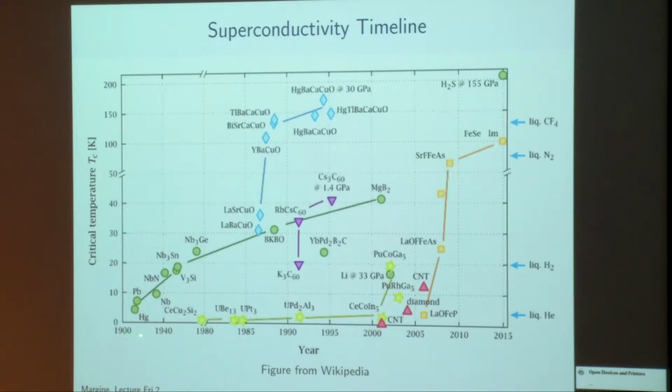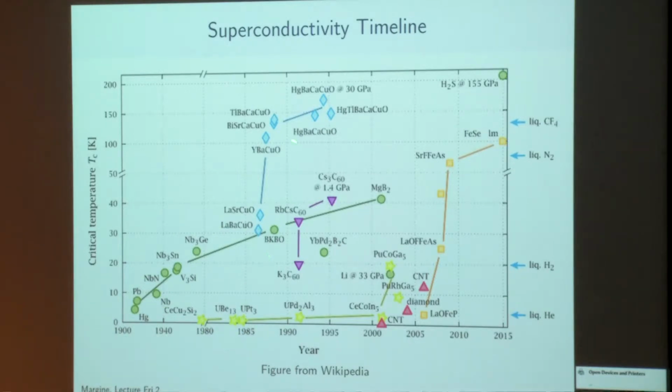As you can see here, until the 80s, the highest critical temperature that was known was around 20 Kelvin. And I should mention that all these superconductors are what we call conventional superconductors. So the mechanism is phonon mediated, so it's due to the interaction between electrons and phonons, the lattice vibrations.